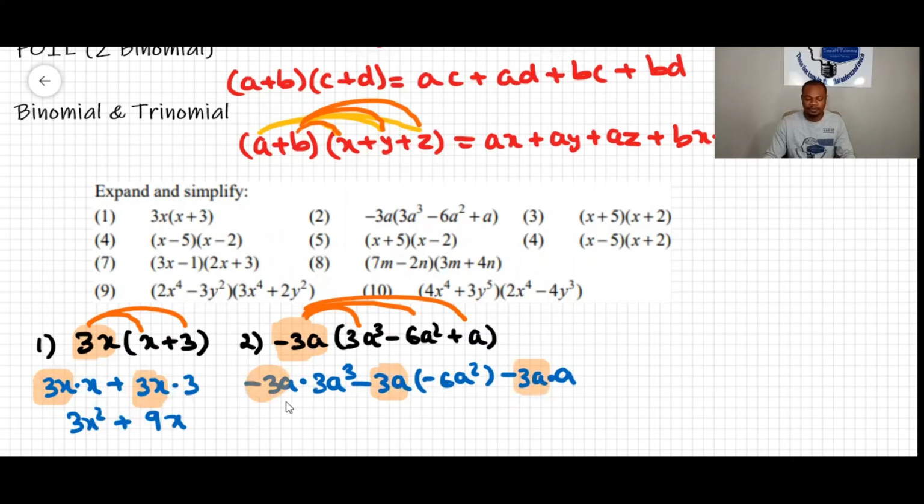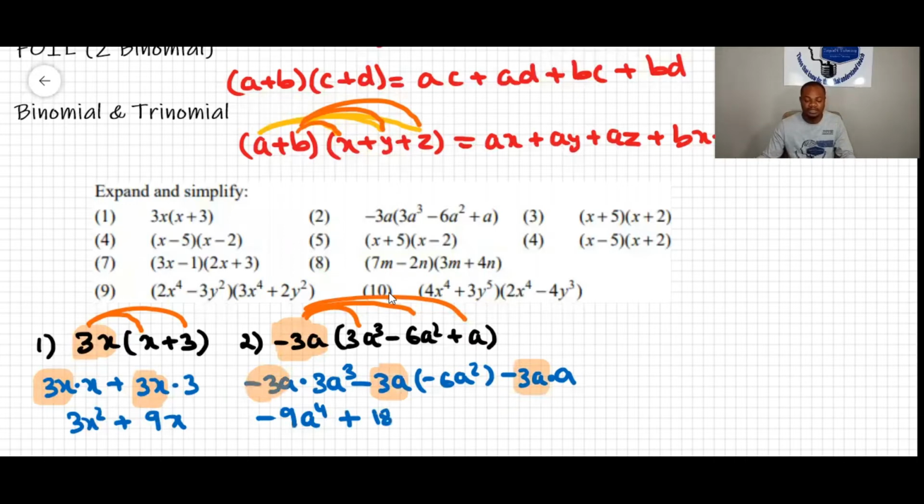Now, we're going to work out this. The bases are negative 3 and 3. This will make negative 9. And then a times a cubed makes a to the power 4. Now, negative and negative here will make it positive. Now 3 times 6 makes 18.